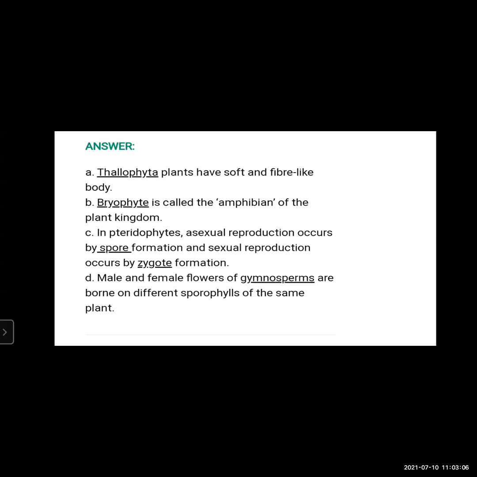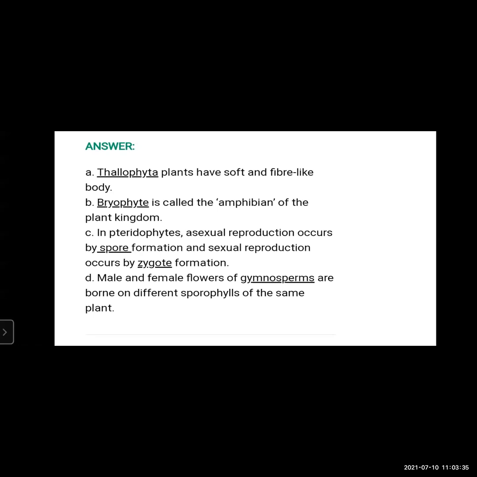Then C question you can see. In pteridophytes, asexual reproduction occurs by dash formation and sexual reproduction occurs by dash formation. So in Pteridophyta, asexual reproduction takes place by spore formation and the sexual reproduction occurs by zygote formation. Male and female flowers of dash are borne on different sporophylls of the same plant. So what is that division?